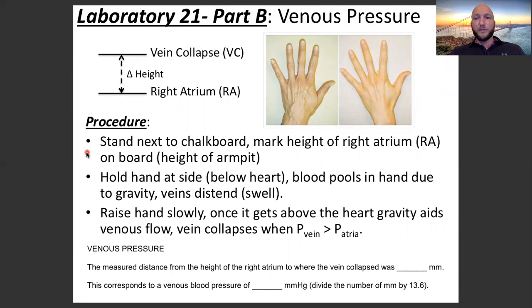This is jumping ahead a little bit, but the ventricles push blood into their corresponding arteries. That increases the pressure in the arteries just outside of the heart. As the blood moves through the circulatory system, it loses pressure because of resistance.